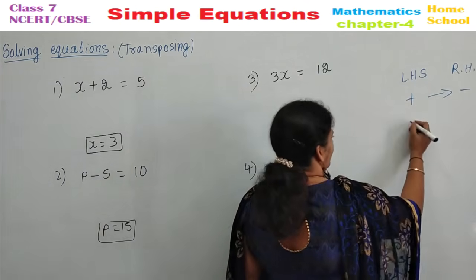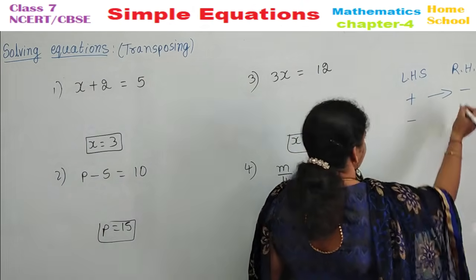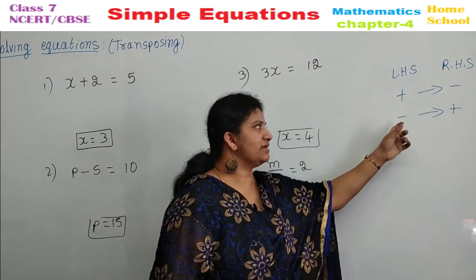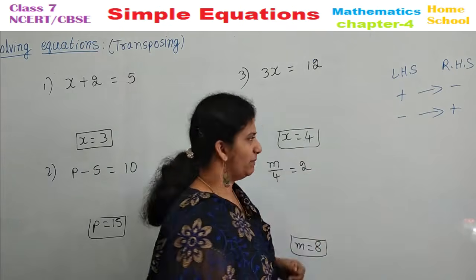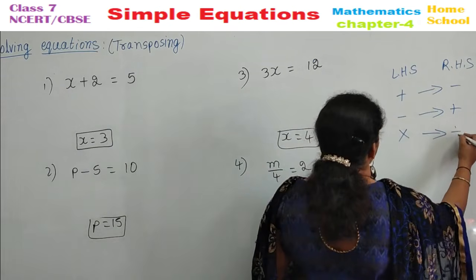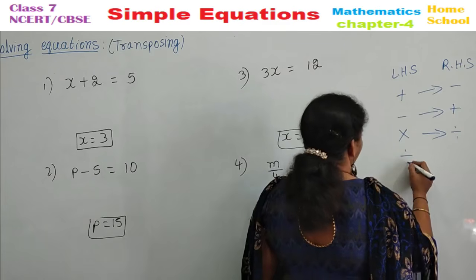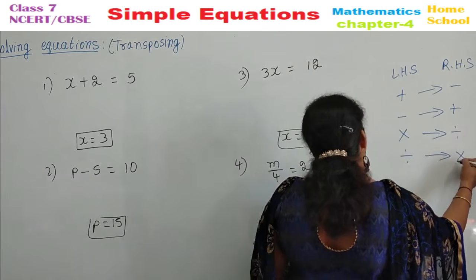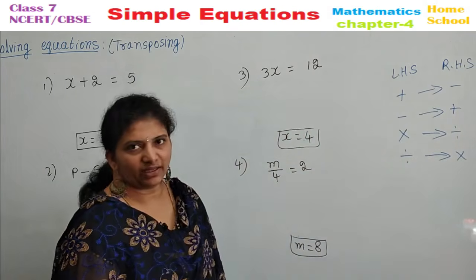Suppose a number with a negative sign is transferred to RHS, plus sign becomes minus and minus sign becomes plus. If you have a multiplication and it goes to the other side, divide. If you have a division in LHS side and it is transposed to the other side, it will be multiplied.